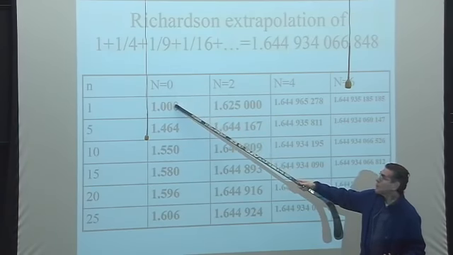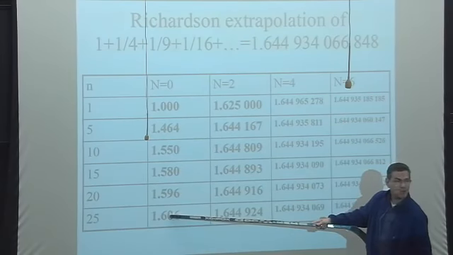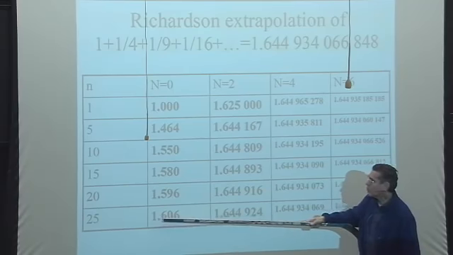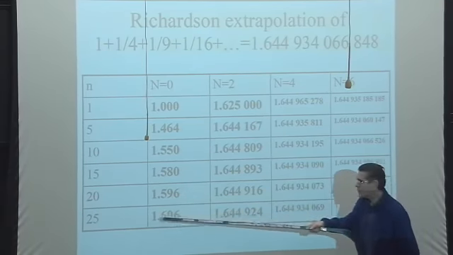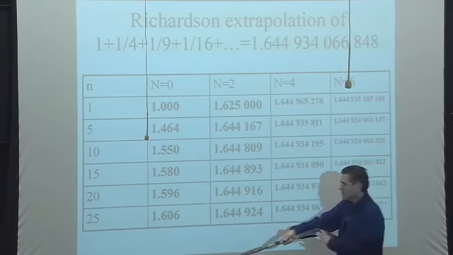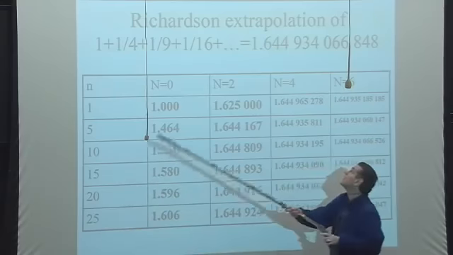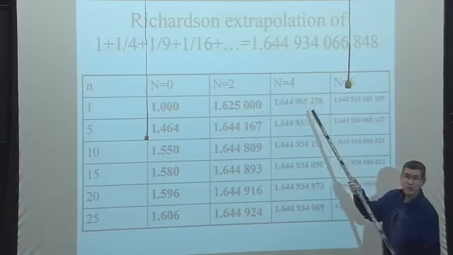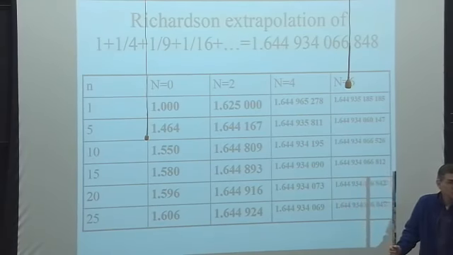Okay, so if you add up 25 terms, just direct adding up 25 terms in the series, you get 1.606. So for 25 terms, you get really, if you round it off, 1.61, and the answer is 1.64, so you're off by 4 parts in 100.